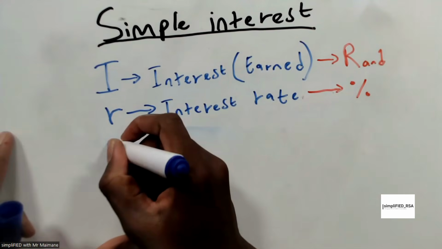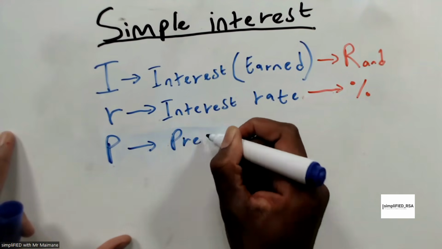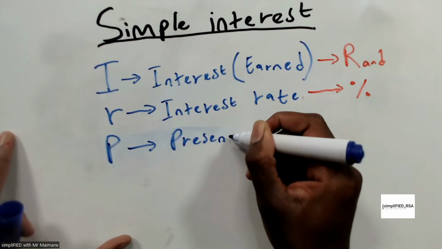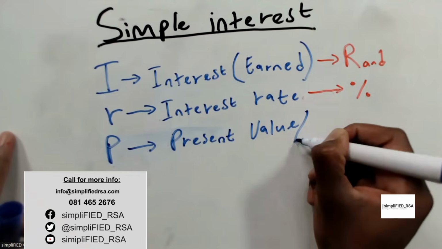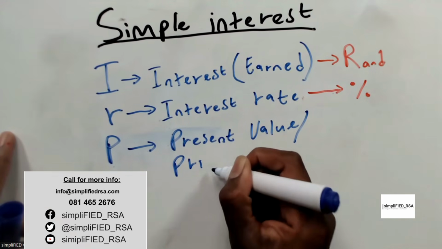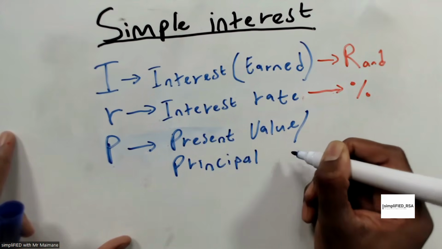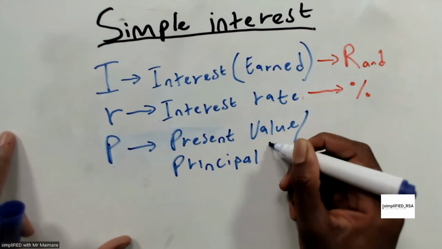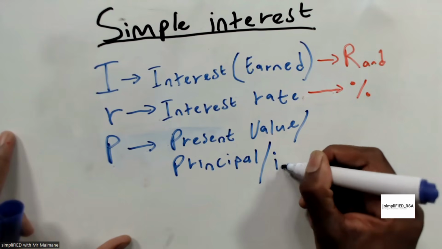And then we have P, which stands for the present value, or the principal amount, the money you have now, the initial amount you have. Another way to say it is initial value.